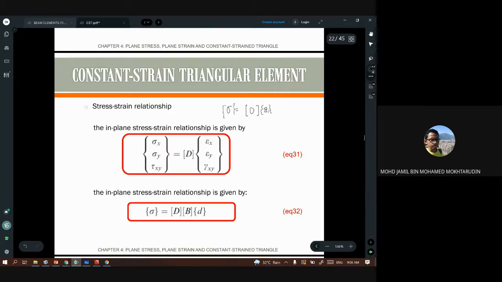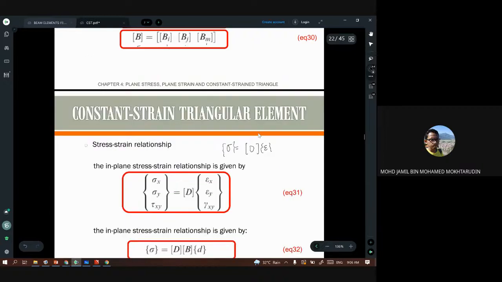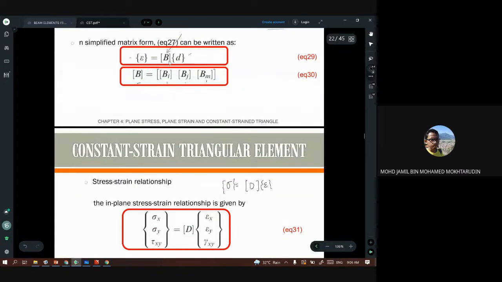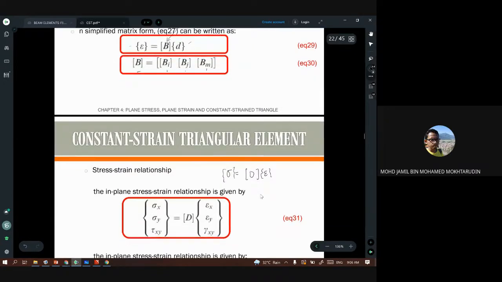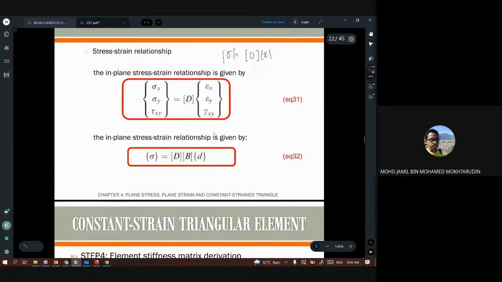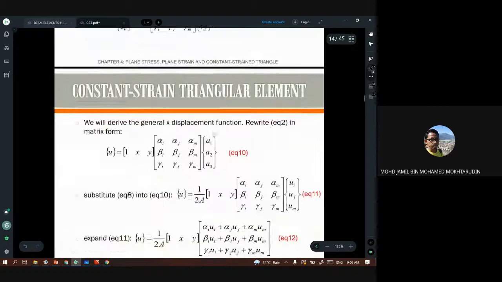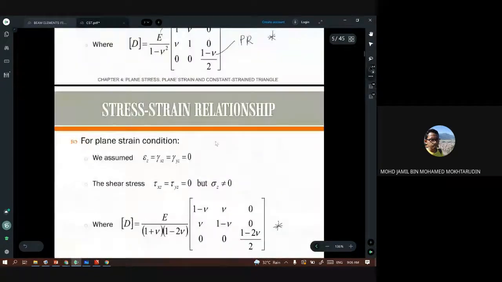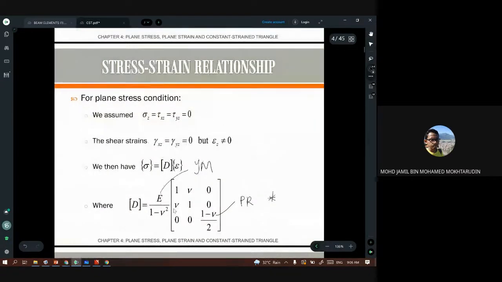D is your stiffness matrix of the element. For plane strain, D equals the one that I showed earlier. This one is the D for plane stress condition.